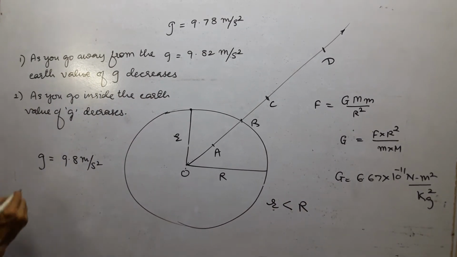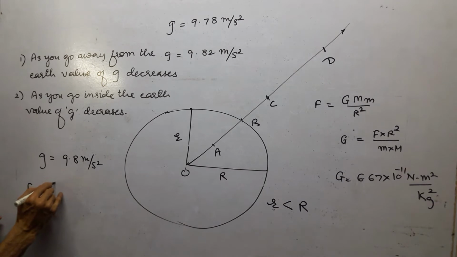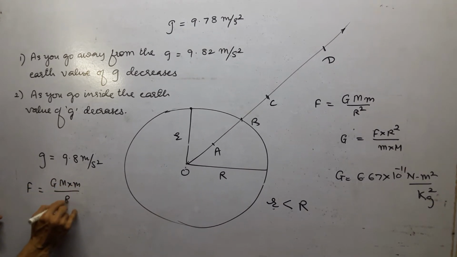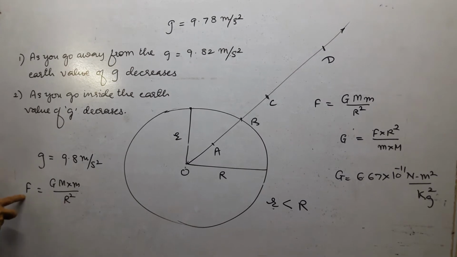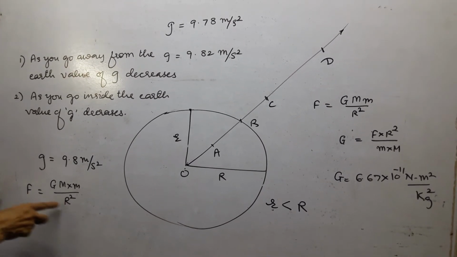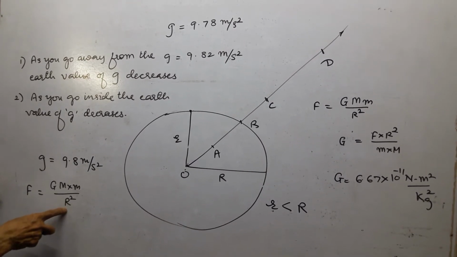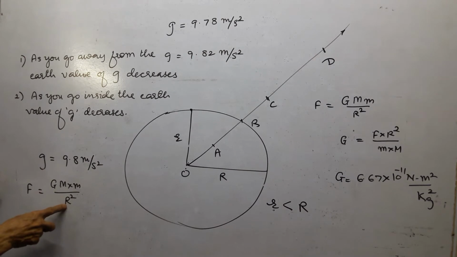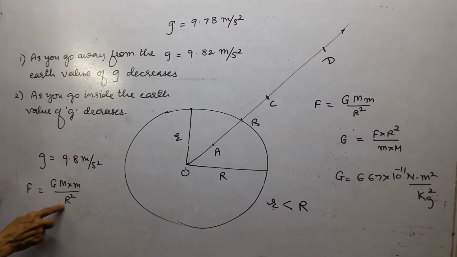According to Newton's law of gravity, we know F is equal to G M into small m upon r square. That is, the force decreases if the radius increases. As the distance increases, the force decreases, proportional to the square of the distance.